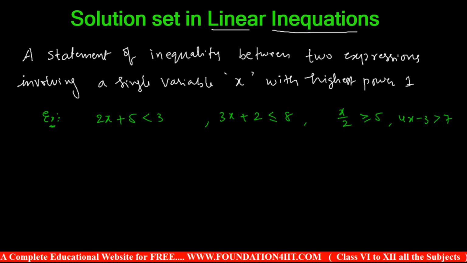If you see these four examples, there is a less than symbol, less than or equal to, greater than, and greater than or equal to. Only these four symbols. And between that, it's a statement of inequality between two expressions, LHS and RHS side. 2x plus 5, this side is 3. Involving a single variable x. Only a single variable is x. No other variables. That means only one variable should be there.